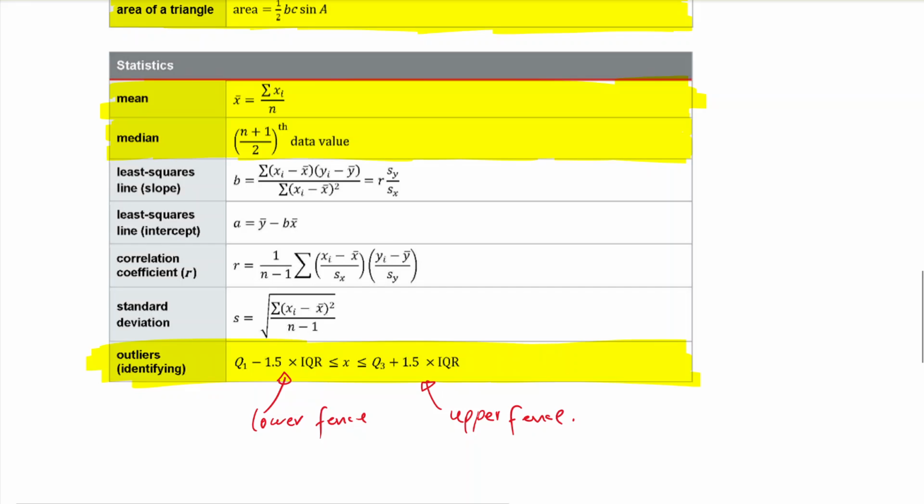Okay, with standard deviation, you do not need to know how to use this formula.